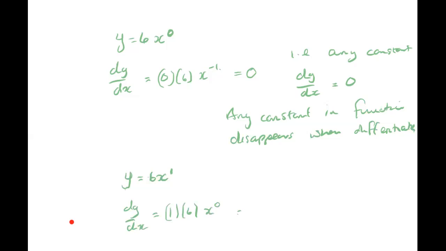So we've got 1 times 6 times 1 is 6. So if you differentiate a variable to the power of 1, we just keep the constant. So dy by dx of 8x is equal to 8. And you'll get used to that and do that really quickly.